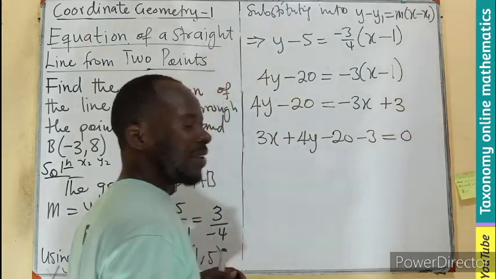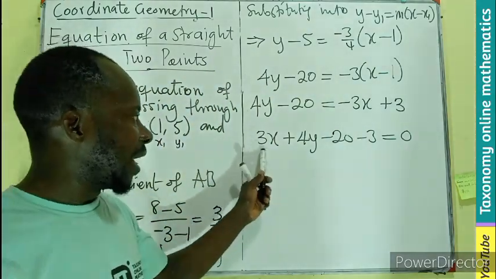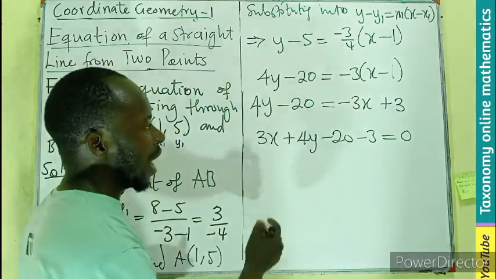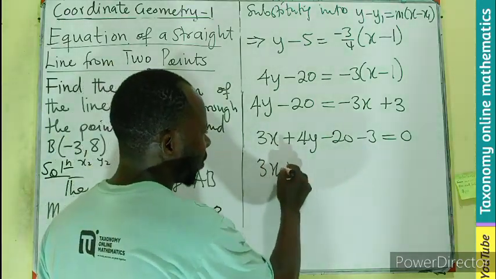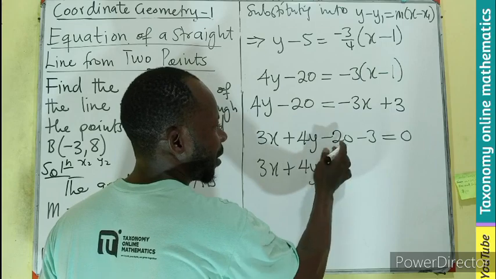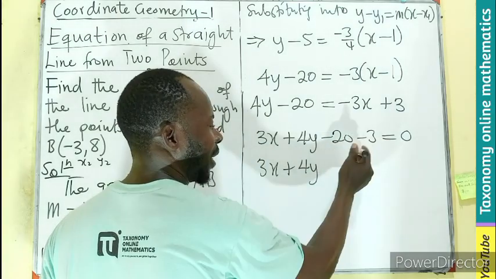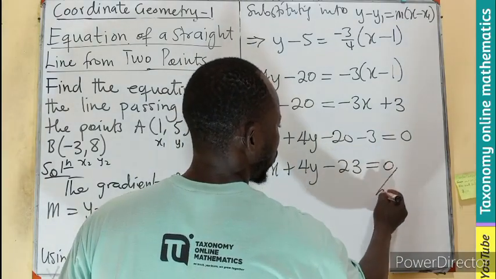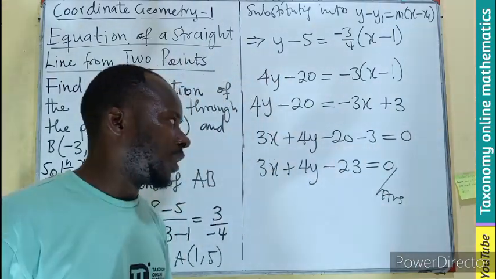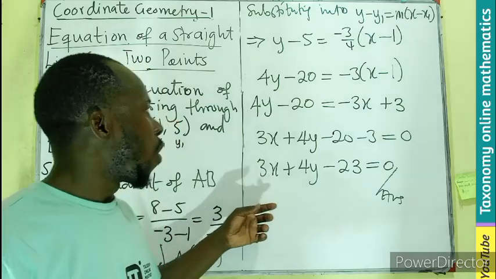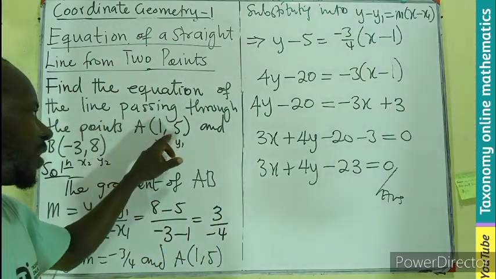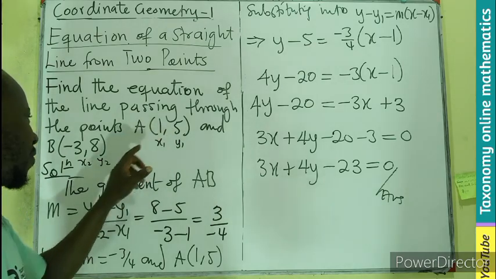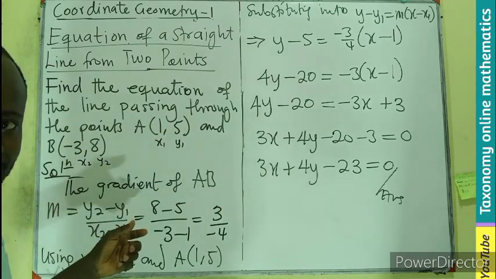What is left there? 0. We can see x and y, we can't do anything about it, but we can compute the constants to have 3x plus 4y, negative 20 minus 3 will be negative 23, equals 0. So this becomes the equation of the straight line passing through A and B, with the points being (1, 5) and (-3, 8).